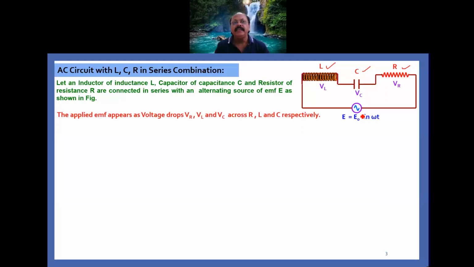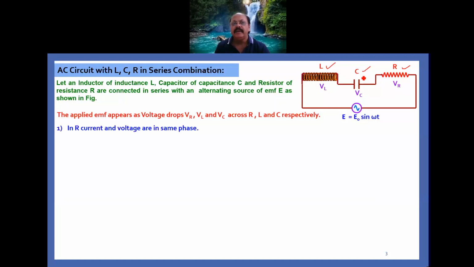Now we say that the applied EMF appears as voltage drops VR, VL and VC across R, L and C respectively.